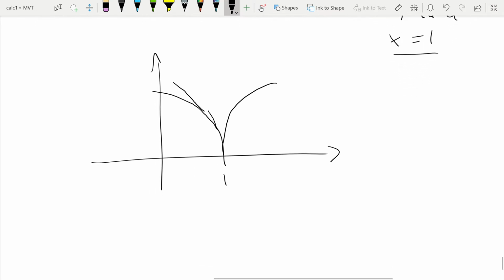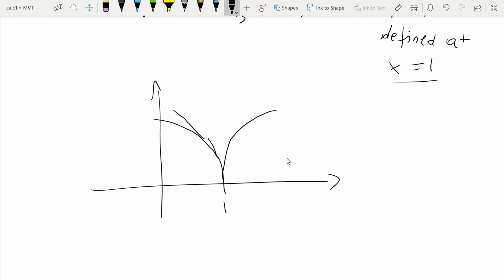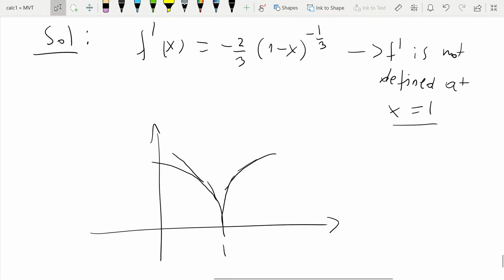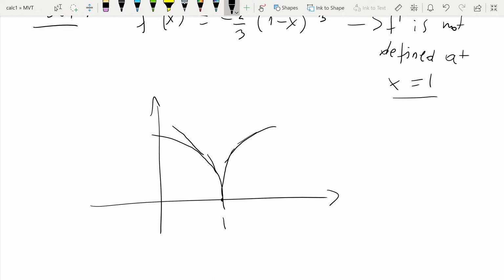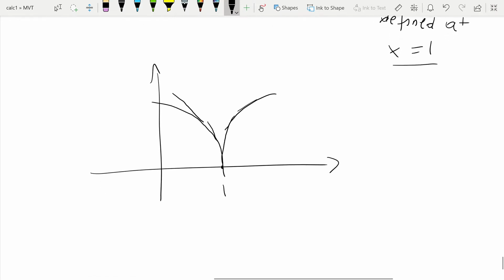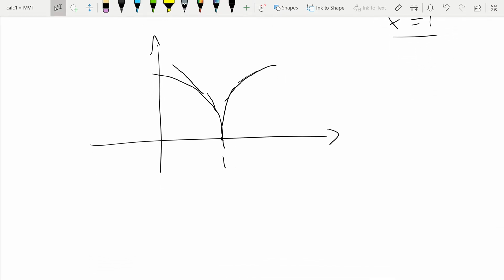On the other side it becomes more positive, so it's approaching plus infinity. But at any rate, the derivative at this point is not defined. The only candidate for a tangent line would be a vertical line, so the slope of the tangent line is not defined, and it doesn't have a tangent line. That's not a function of x. So this is 1 minus x to the 2/3.